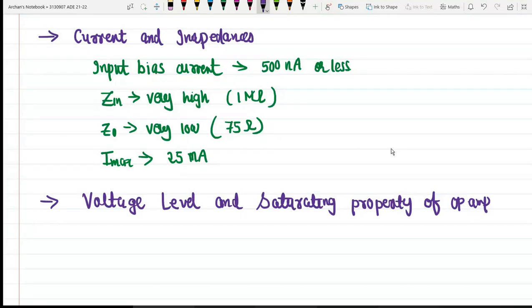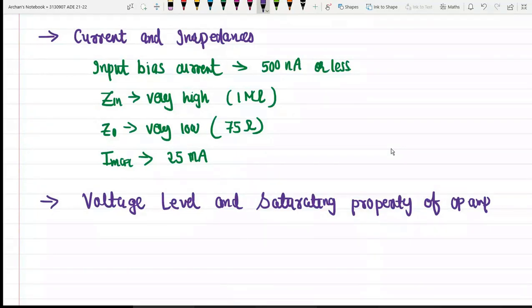Then suppose my input signal is 1 volt and the gain is 500, then in that case the output voltage will be very much high. See, it is 500 volt. Practically there must be some limit, because ultimately we are limited by the supply voltage provided to the operational amplifier.